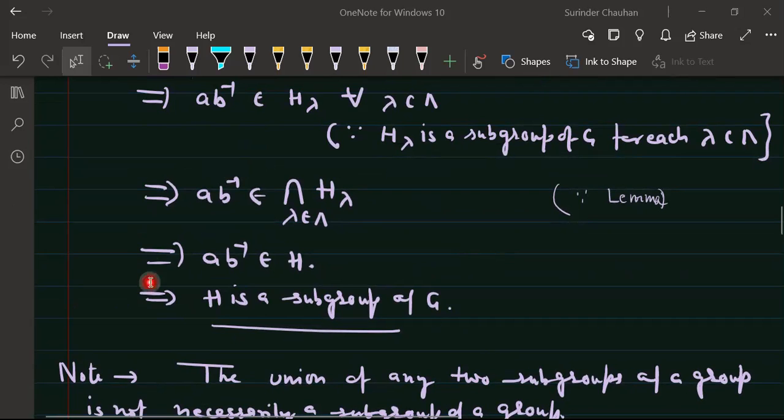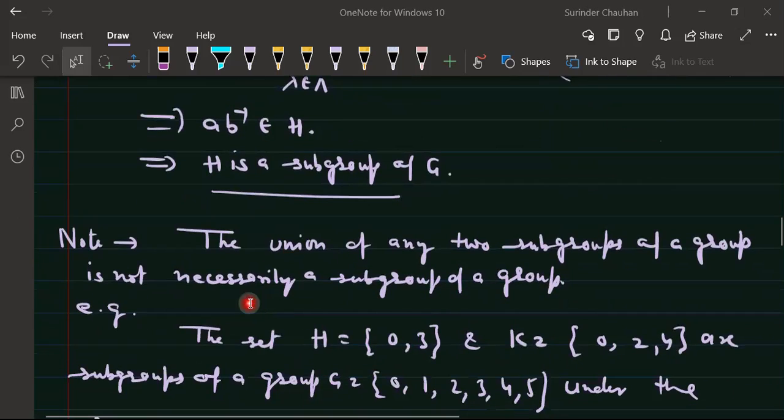Now we will discuss what will happen to their union if we take subgroups. Will the union of two subgroups be a subgroup? The union of any two subgroups of a group is not necessarily a subgroup. I'm giving an example to support this statement.